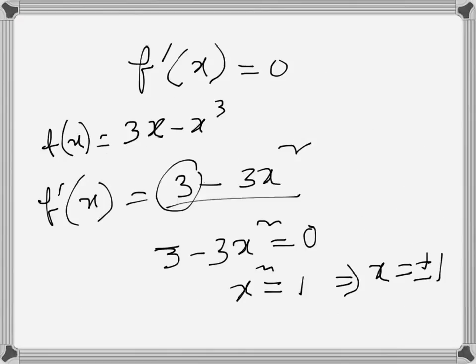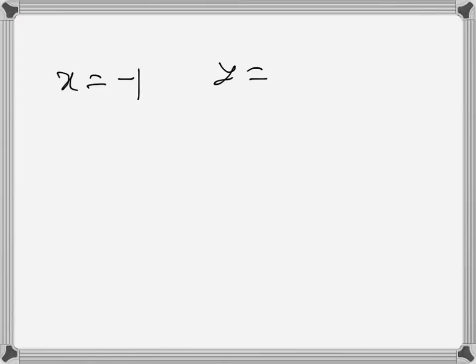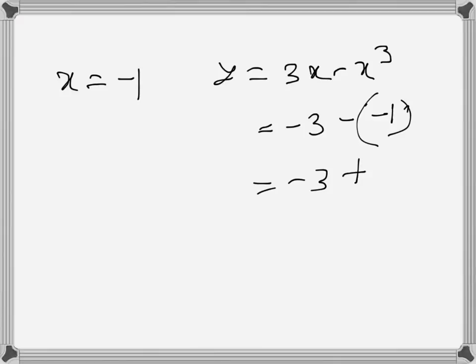When x is equal to minus 1, y is equal to, the function is 3x minus x cube, so that's minus 3, and then minus 1 cube, which is minus 1, minus minus 1, so basically it becomes plus 1. So minus 3 plus 1 is equal to minus 2.